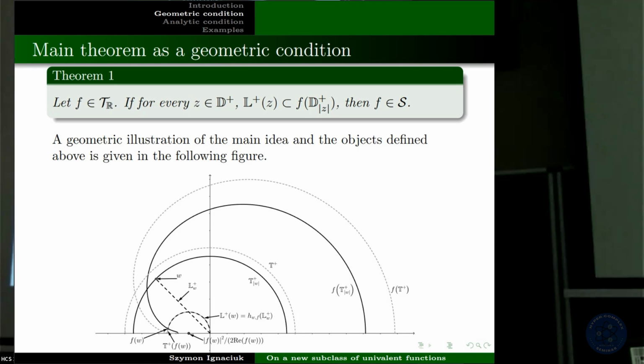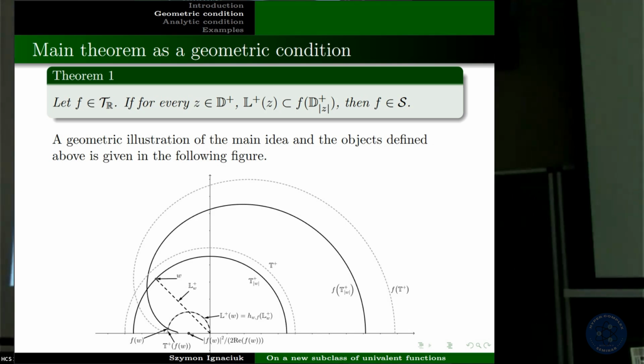This arc, and we have here f of w, and here we've got a semicircle which contains f of w, has the center on the real line, and is tangent to the imaginary line.